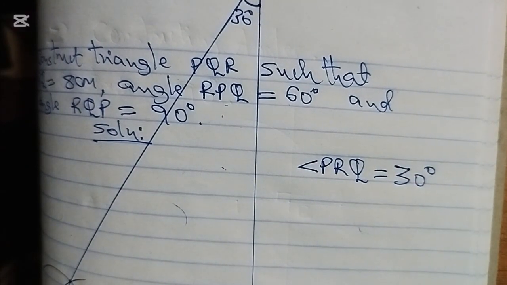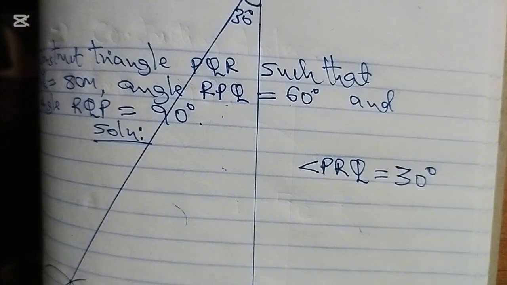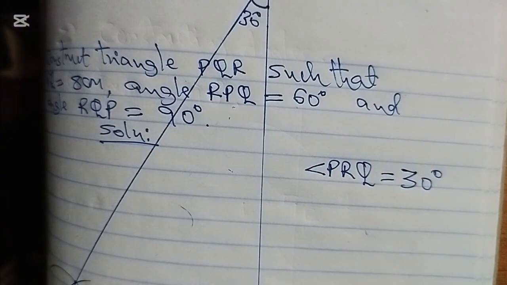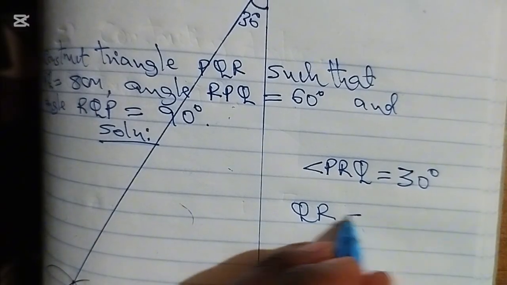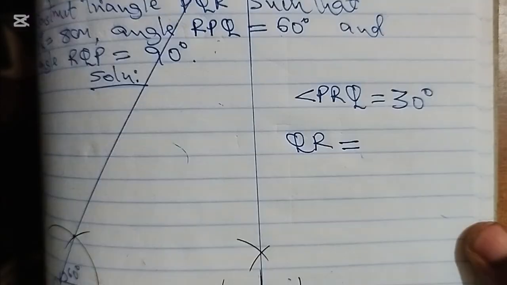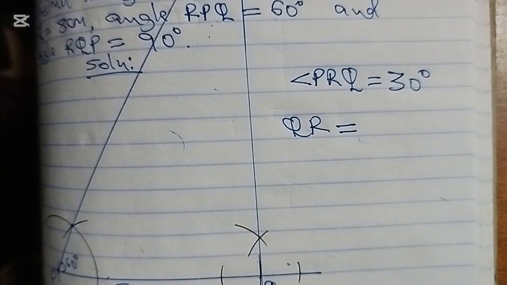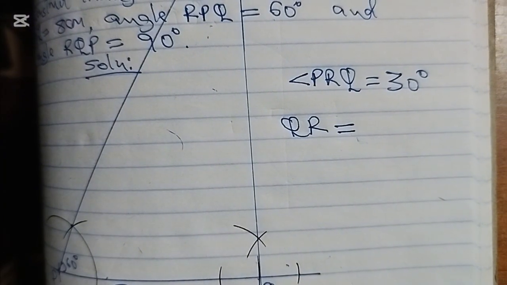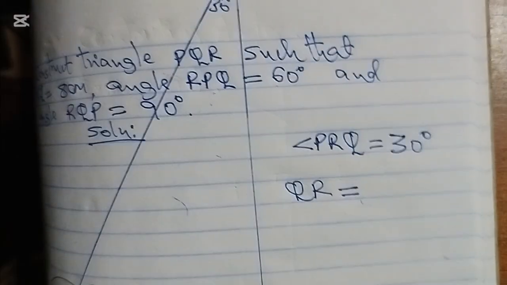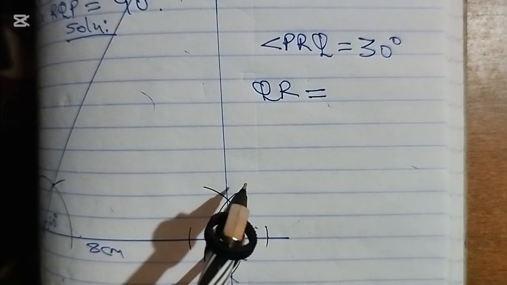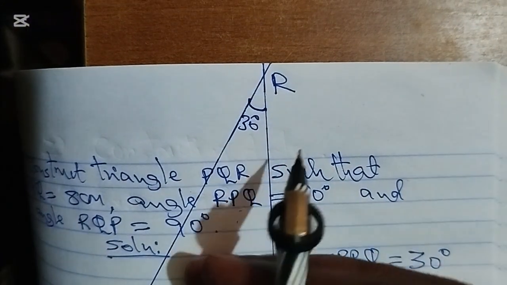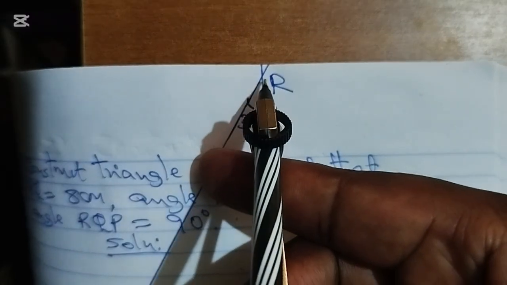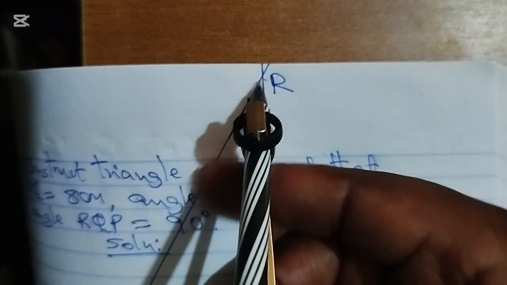You can also get a simple question asking you to measure the length of line QR. How do you achieve that? I'll use my compass. Stand at Q here, then extend my compass to R. There it is.